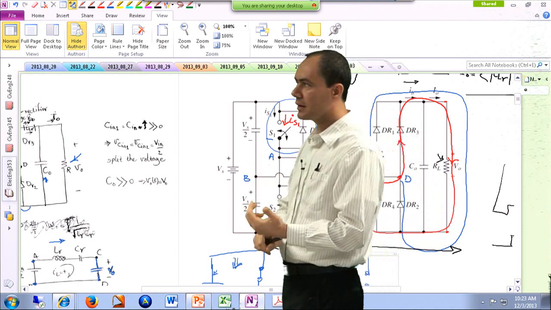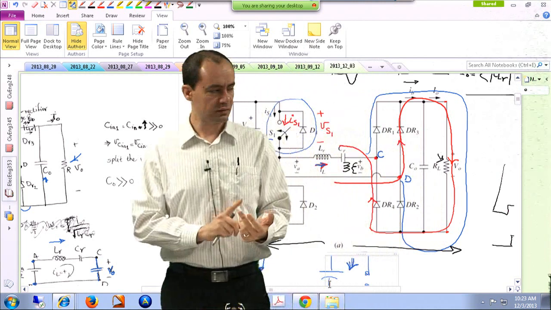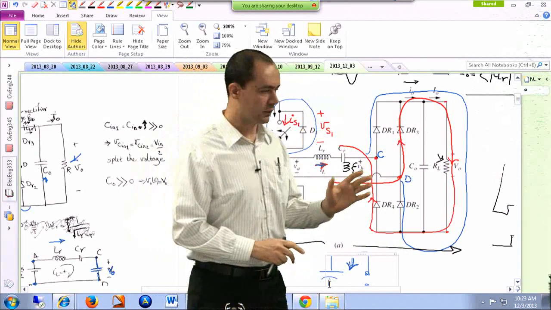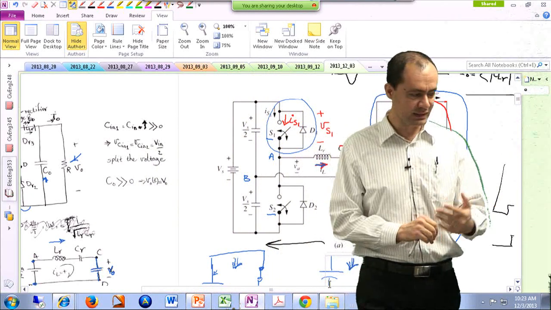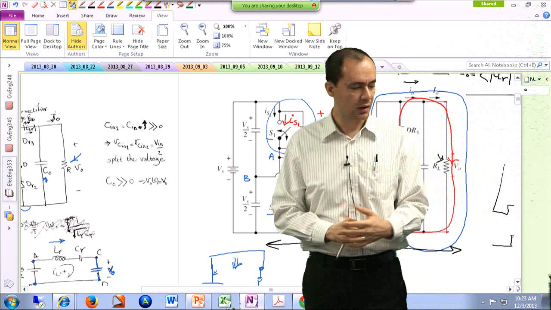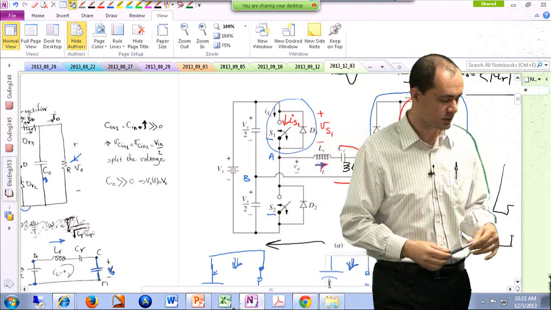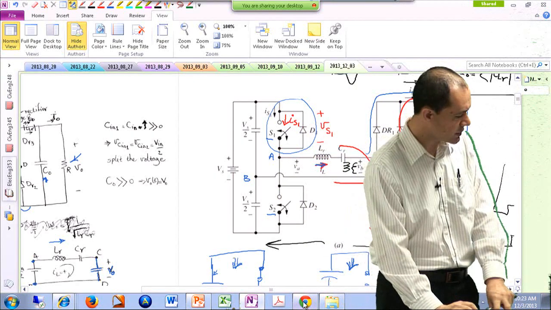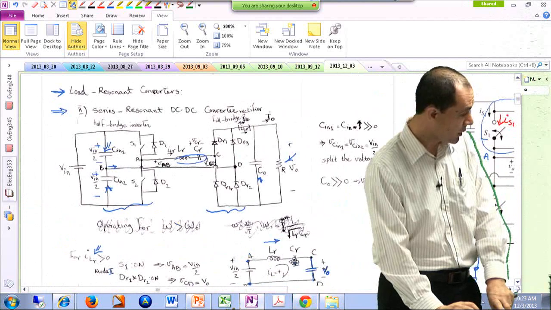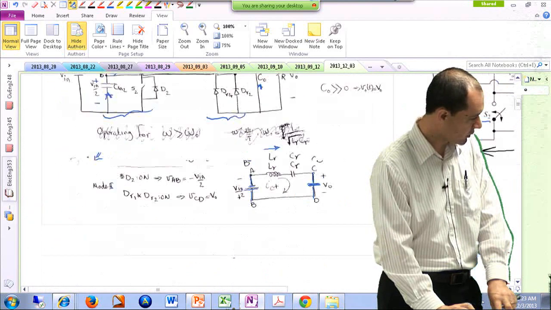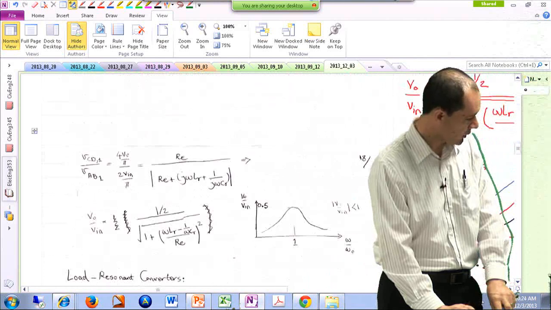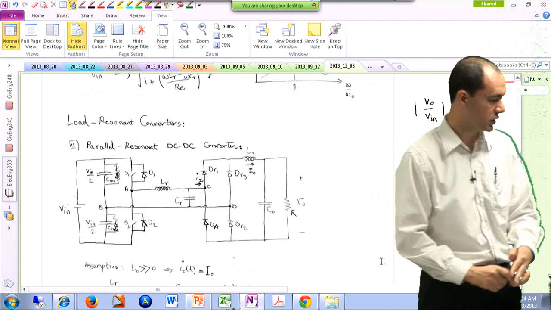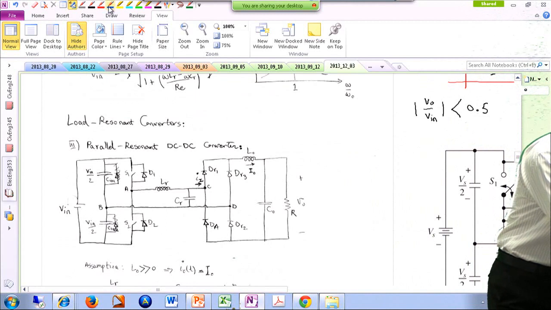So this was another example of a load resonant converter. In what we covered before last time, it was an inverter. Over here, it is a DC to DC converter. However, in between, we have some AC signals as well. And what we are going to cover next time on Thursday, or maybe not, I haven't really decided, is another category, another topology, which is this one over here.